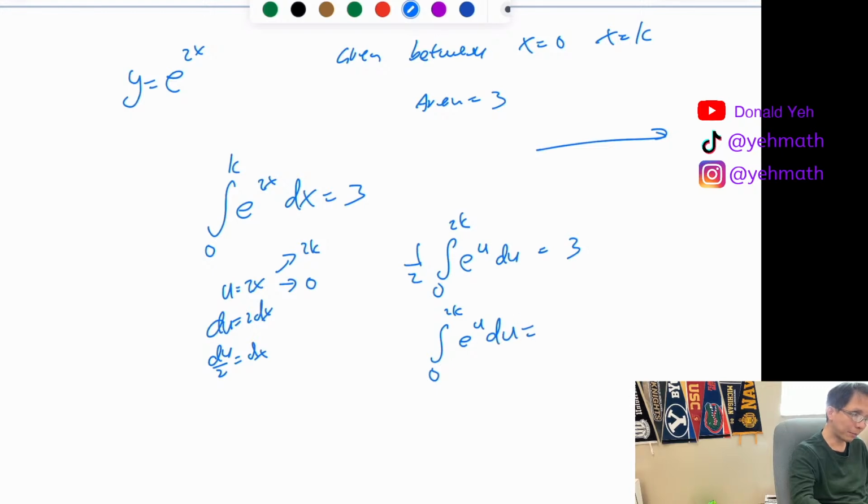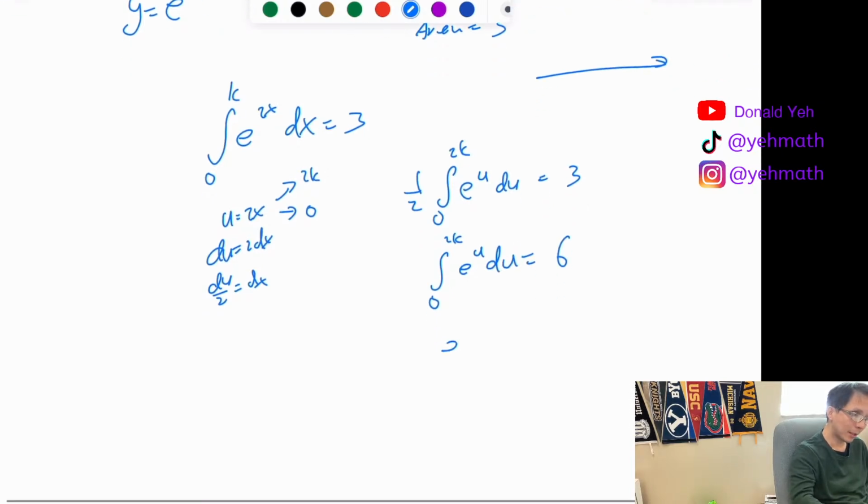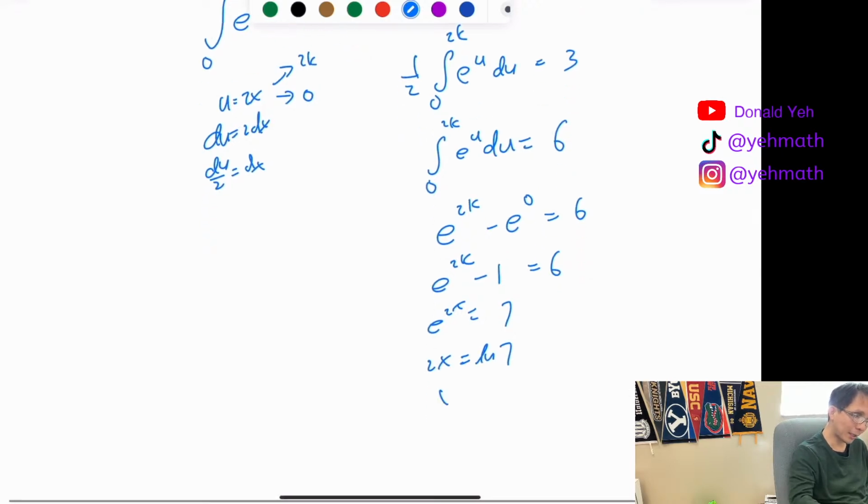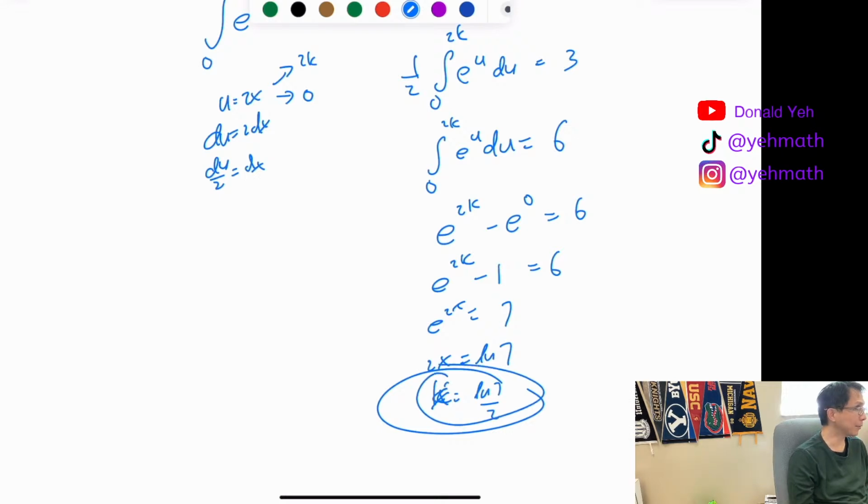I can multiply by 2 on both sides, so it's 6. So it'll be e to the 2k minus e to the 0 equal to 6. e to the 2k minus 1 equal to 6. e to the 2k equal to 7. 2k is equal to ln of 7. k equal to ln of 7 over 2. So this is the k value. On the test, I will ask you for the k value.